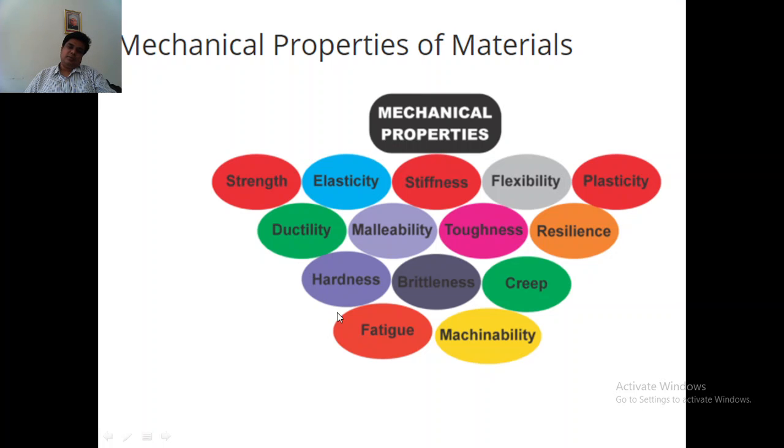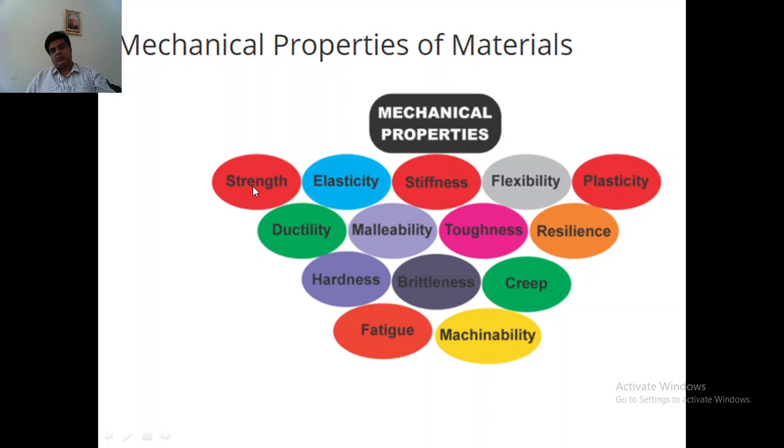We have a lot of mechanical properties you can see here. The material reacts in different ways to the load or forces, so depending on each behavior, we have each mechanical property.